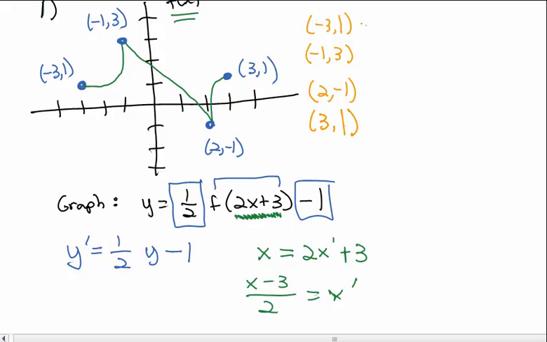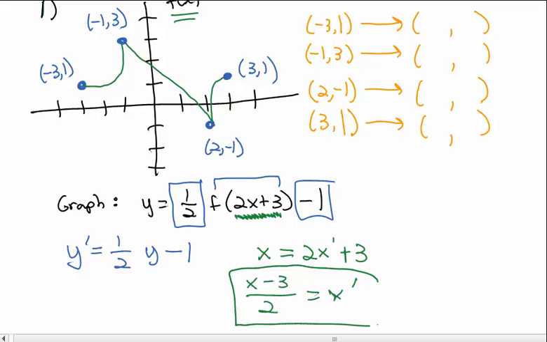Each of these points is going to translate and move to a new location, a new x, comma, y. That is what we are going to find. So first, let's look at the x's. Our formula to find our new x's is we're going to subtract 3 and divide that number by 2.